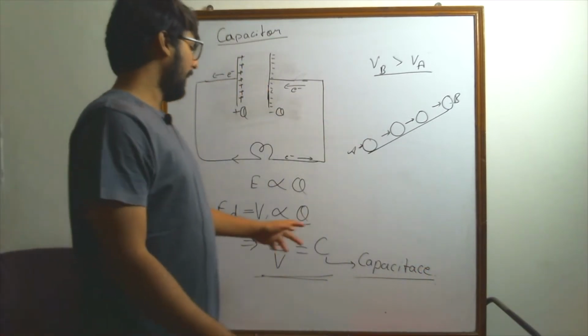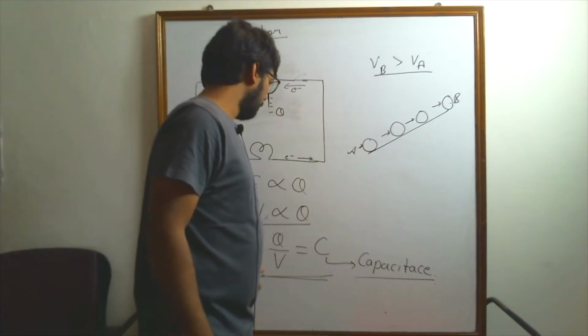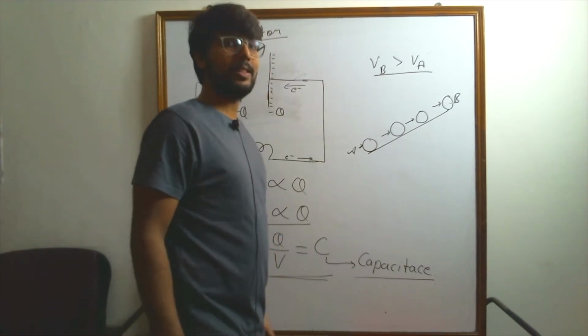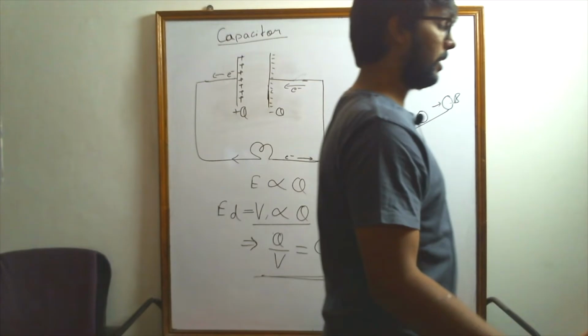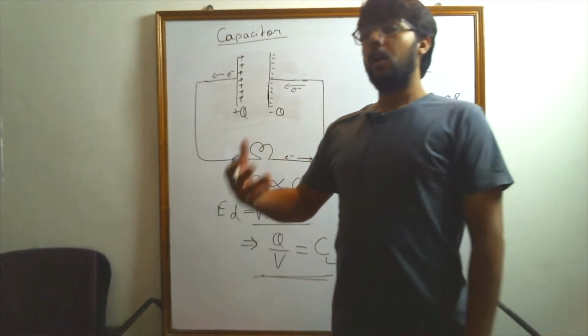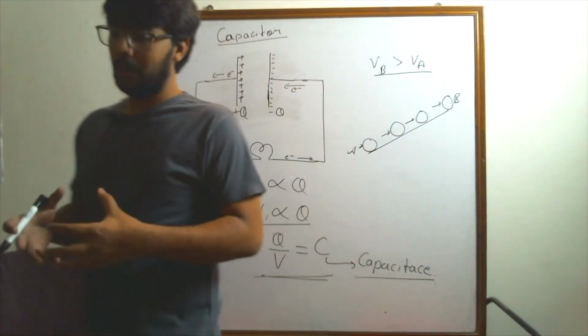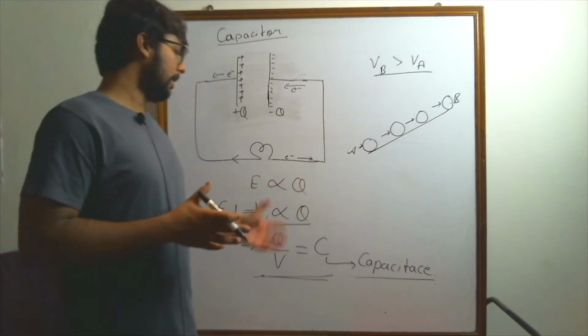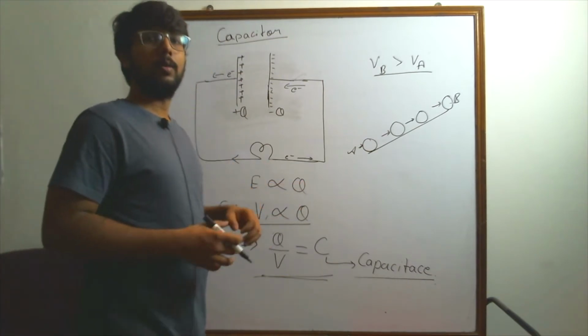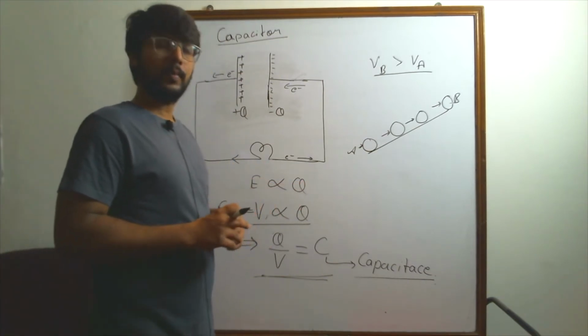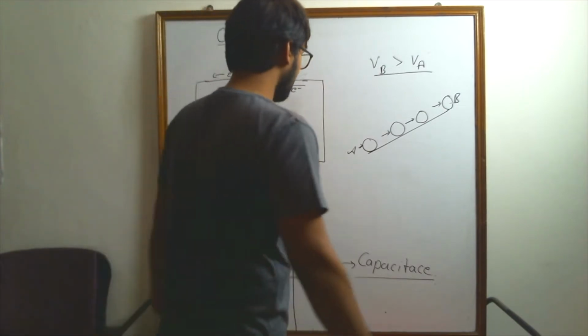So Q upon V is what capacitance is defined as. Capacitance is the amount of charge that a capacitor can hold without breaking. Okay, so that is what capacitance is.